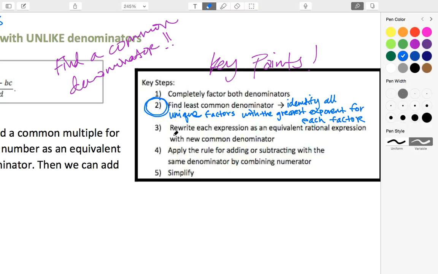After that, we rewrite each expression as an equivalent rational expression. I'll explain that in a moment. Then we apply the same rules of adding and subtracting with the same denominator by combining numerators. And then we simplify.